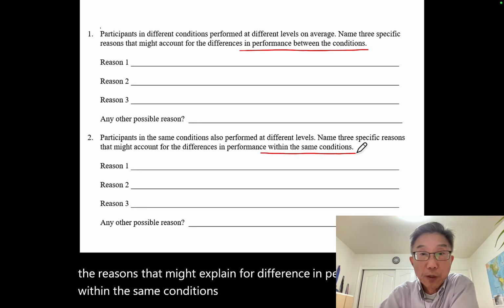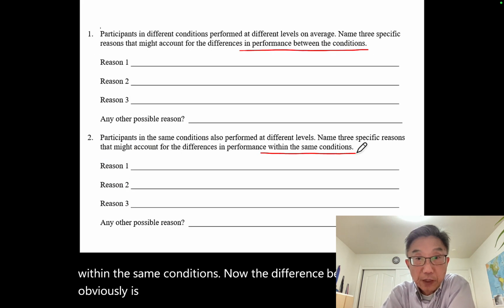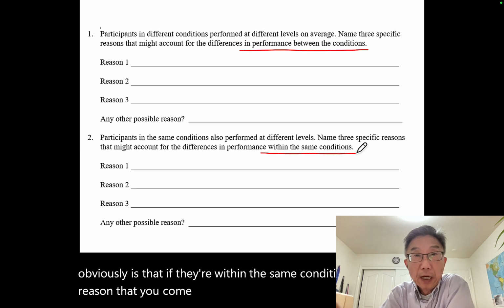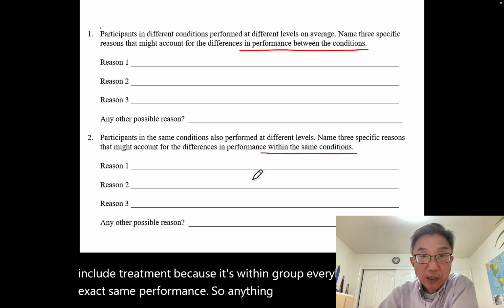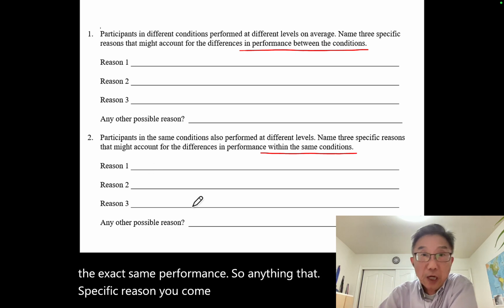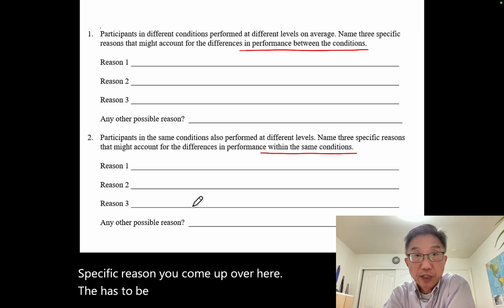Now, the difference between these two, obviously, is that if they're within the same condition, then any reason that you come up with cannot include treatment, because it's within group. Everybody receives the exact same treatment. So any specific reason you come up with over here has to be random, non-systematic reasons.